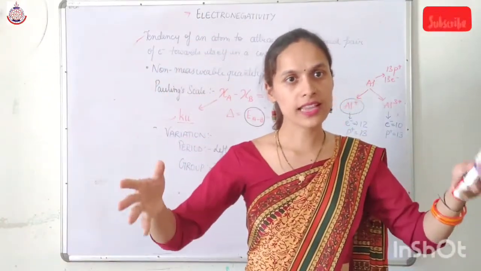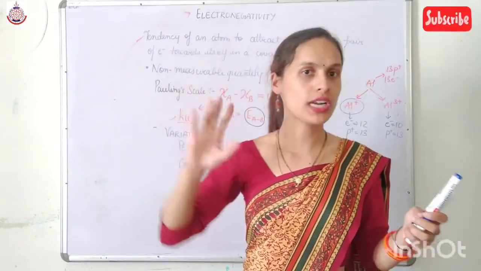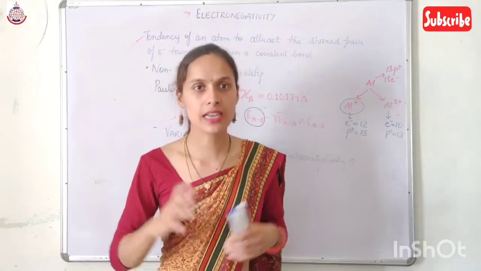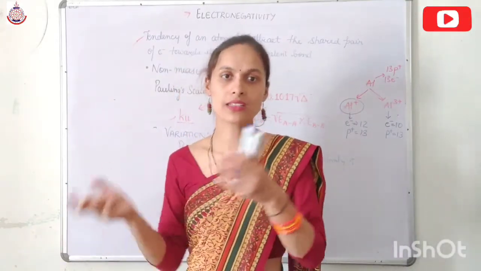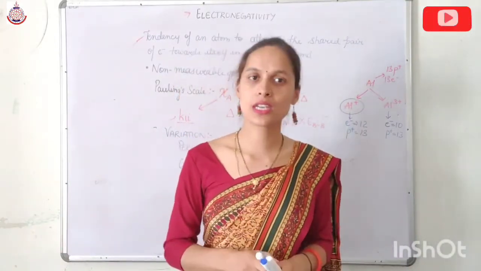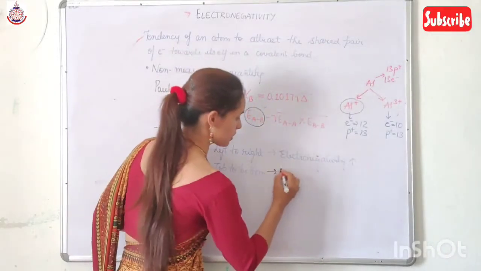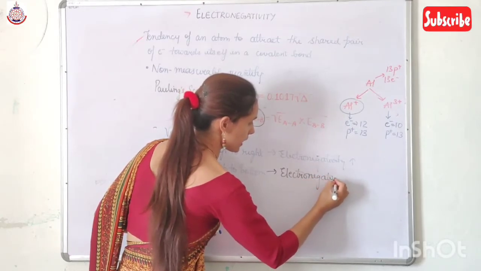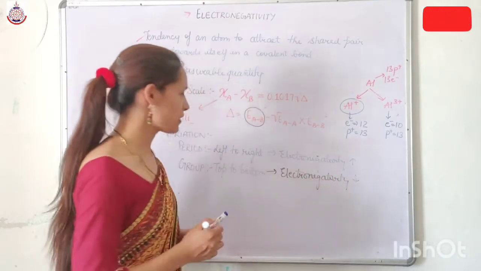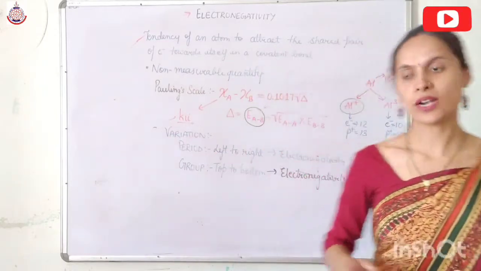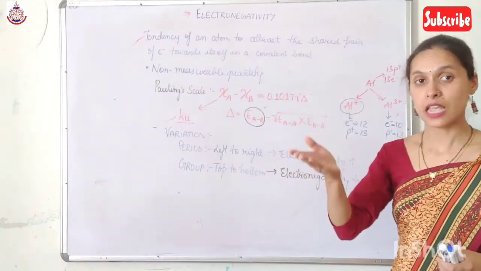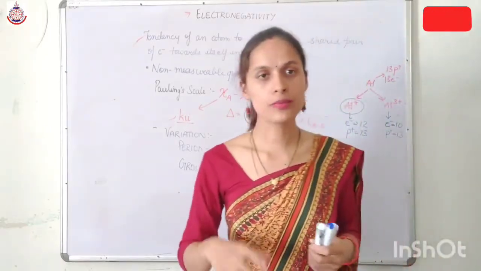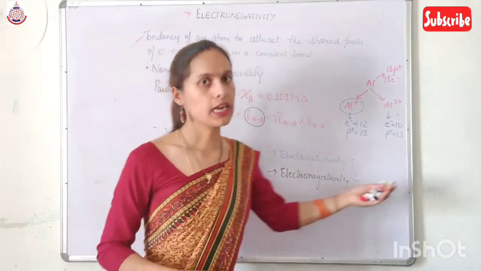Due to the increase in the size, the effective nuclear charge in the outermost shell decreases, and then it becomes difficult for that atom to attract the shared pair of electrons, so electronegativity decreases. So as we move left to right in a period, electronegativity increases, but as we move top to bottom in a group, electronegativity decreases.